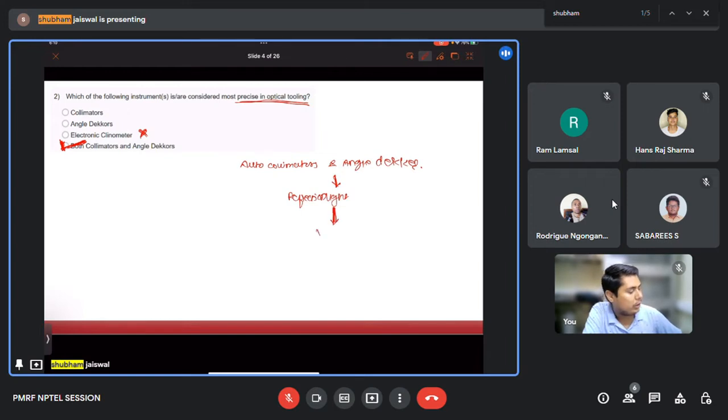These are very sensitive instruments, so even a small variation in flatness can be detected using them. These are the most precise instruments that we can use for checking the angles or flatness of a surface. So the correct answer is this one.